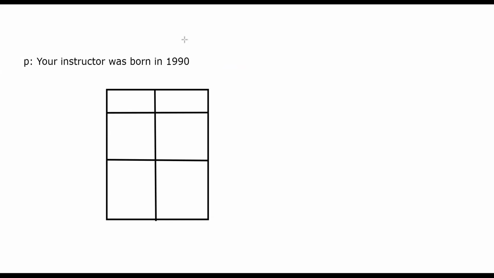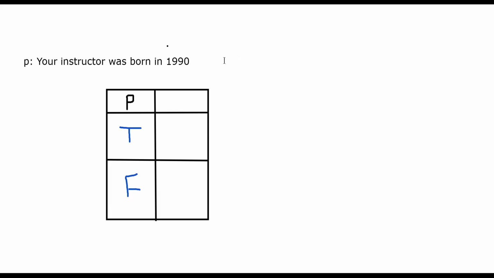We're going to start off with the statement P. Now, like we said, P is either going to be true or it's going to be false. So that's all we do here in this first column. We just declare its possible truth values, and it can only be one or the other.